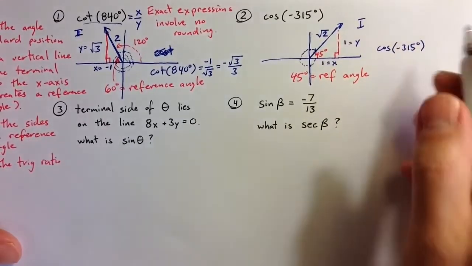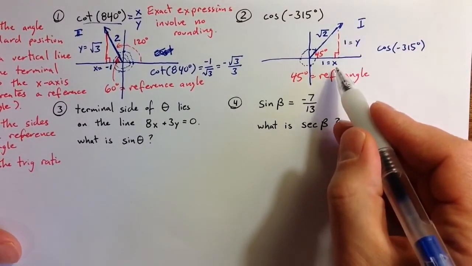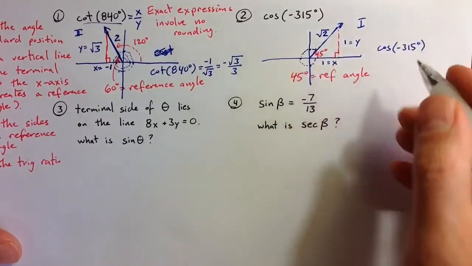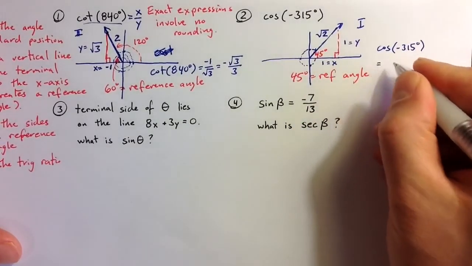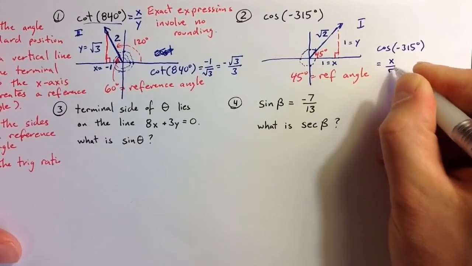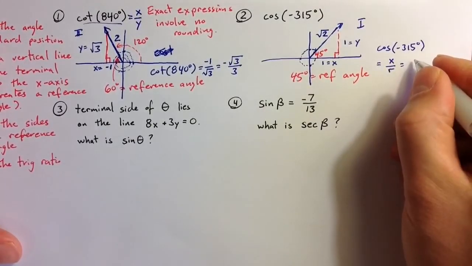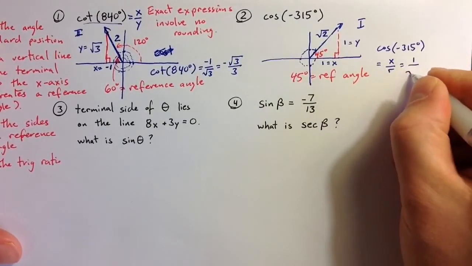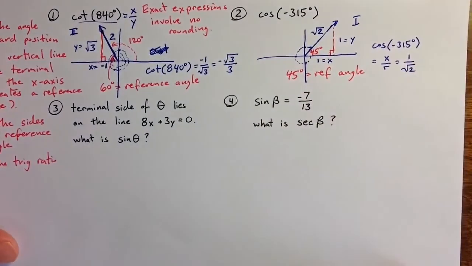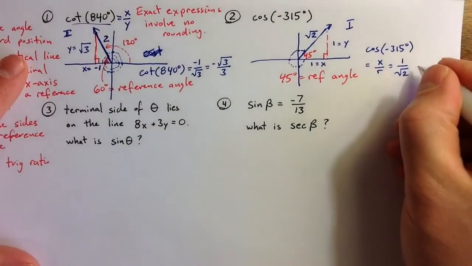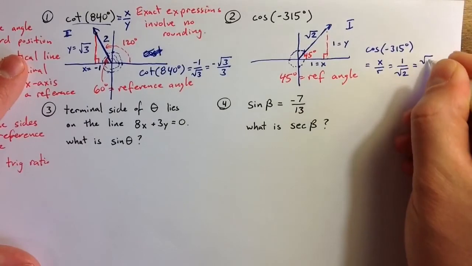The cosine value is going to equal the x value over the r value. Cosine equals x over r. And so we get 1 over the square root of 2. Or if we want to rationalize the denominator, we end up with the square root of 2 over 2.